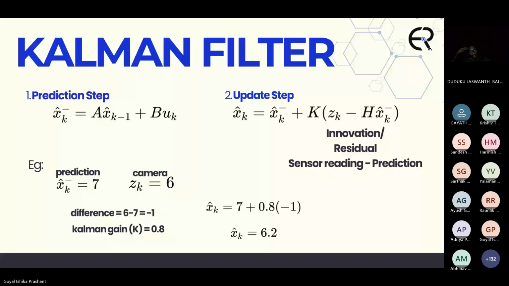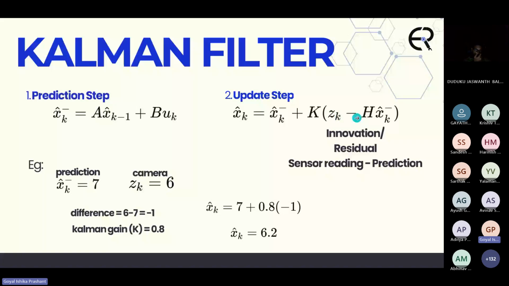Hello. Yes, sir. I wanted to ask how that residual is correcting the update. Like, how is it correcting the distance? Right. So the sensor, as we know, doesn't provide accurate data all the time. It would have some error. So this ZK represents the actual sensor reading, and we have to subtract some value from it.